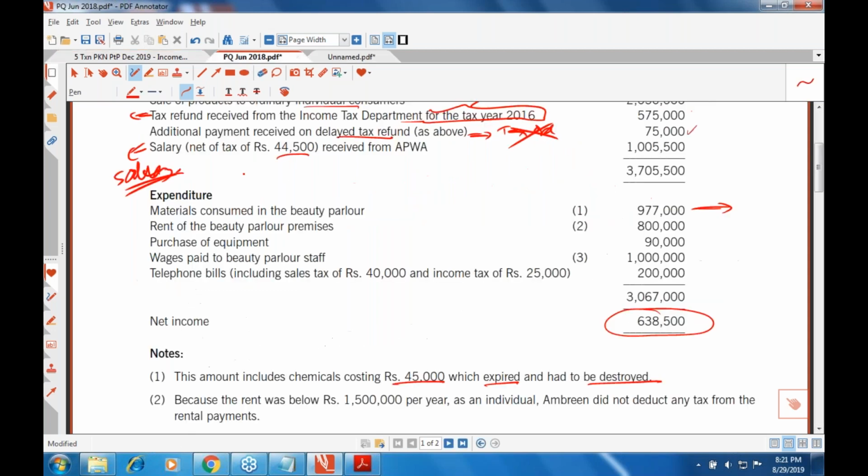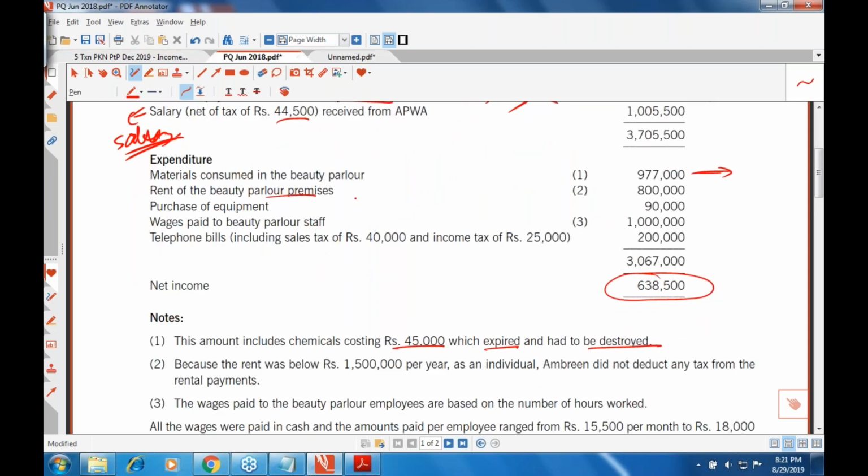The next part of this is basically it says the rent of the beauty parlor premises, 800,000.